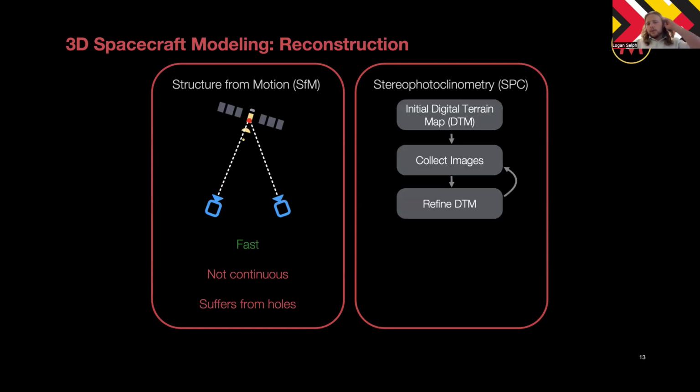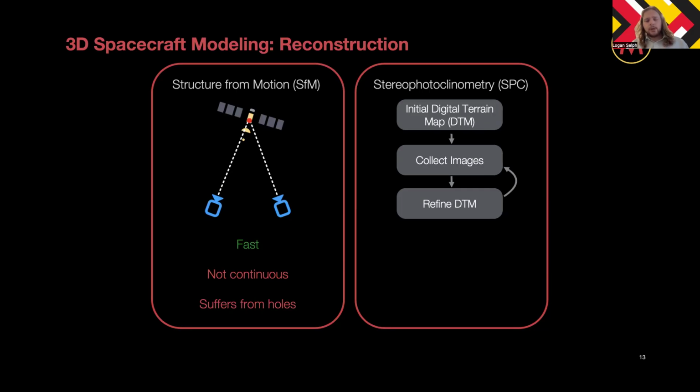The next most popular is stereophotoclinometry, which has been very successfully used to map many of the planets and celestial bodies in our solar system, and has been used for navigation on missions such as OSIRIS-REx. Now, a very basic way of how this works is you have an initial crude digital terrain map.